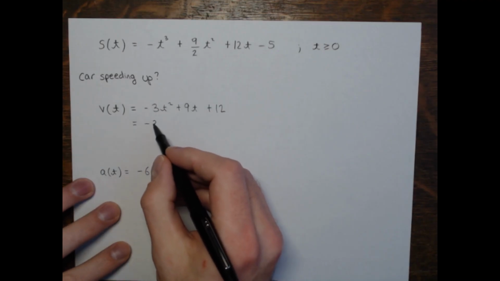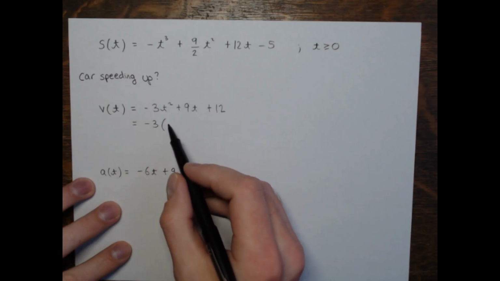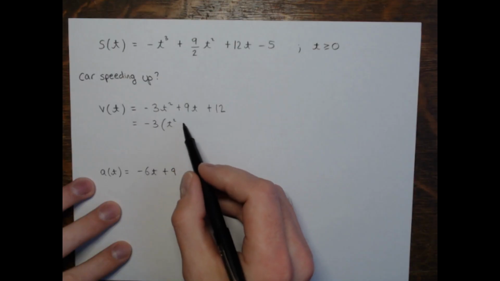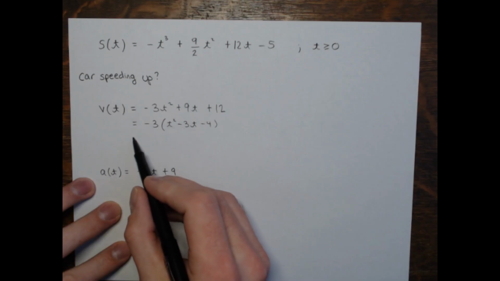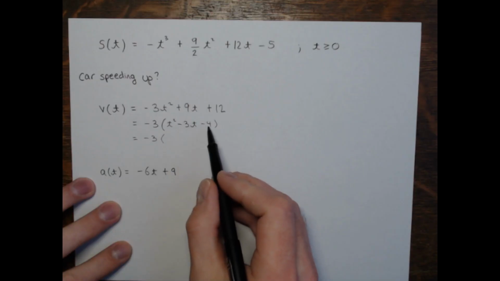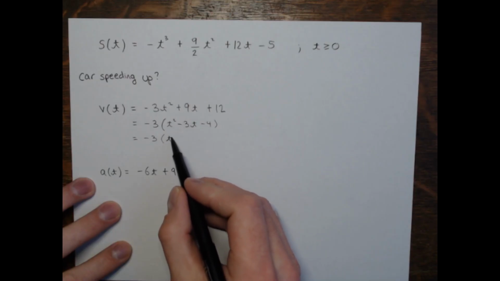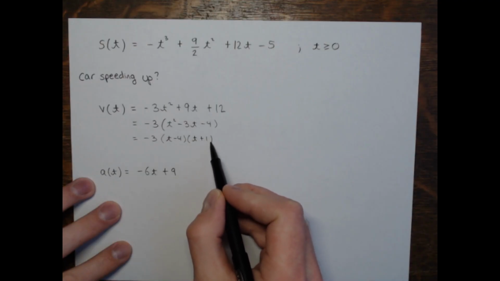This one, you could pull out a -3. Usually when the lead is negative, you factor out a negative. Then you'd have -3 times t squared minus 3t minus 4, which would factor to t minus 4 times t plus 1.